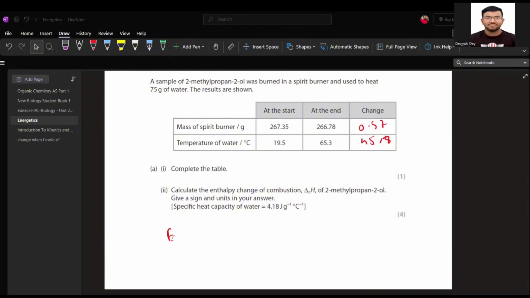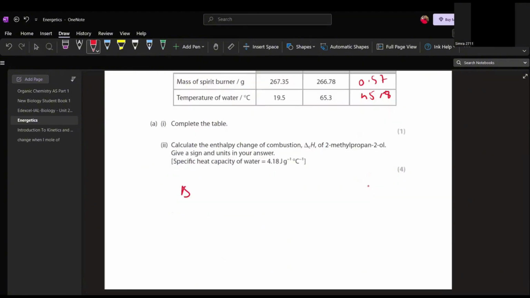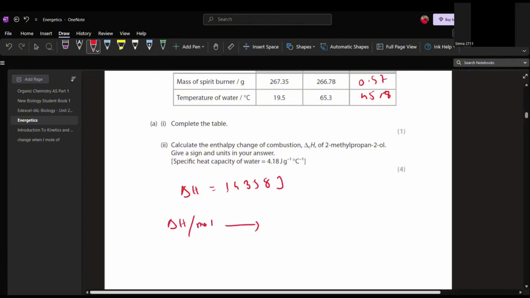And how many moles did you get? 9.19 times 10 to the power minus 3. And the final enthalpy change I got minus 1562.6. It is kind of wrong, I think primarily because the moles that you got are wrong.